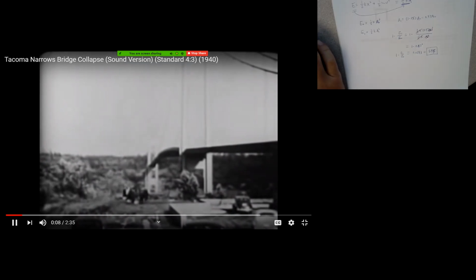Dawn of a fatal day, and the wind begins to speak with a roar that no man can fail to hear. In a 40-mile-an-hour gale, the center span weaves like a ribbon in a swinging twist that you wouldn't believe possible unless you could see it as you do now. There's an automobile caught on the heaving roadway. The 11,000-ton center span twists and strains the giant cables that support it.